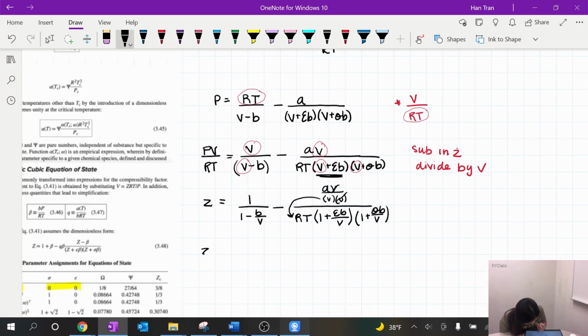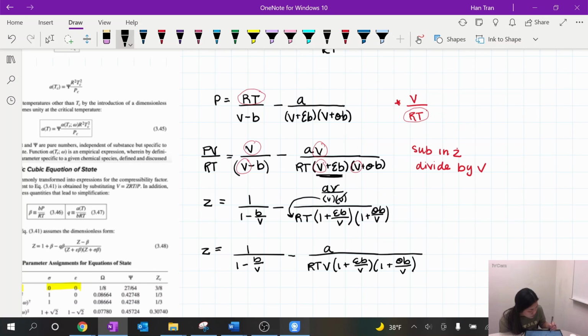So I'm going to be left with the compressibility factor Z equals 1 divided by 1 minus the parameter B over the specific volume, minus the parameter A over the gas constant R times temperature times the specific volume, times the quantity of 1 plus epsilon B divided by specific volume times the quantity of 1 plus sigma B divided by the specific volume.